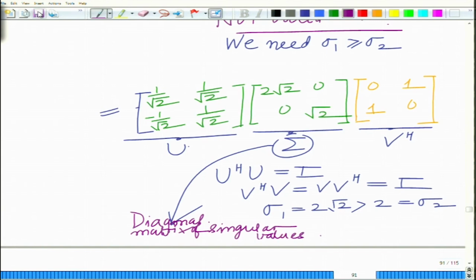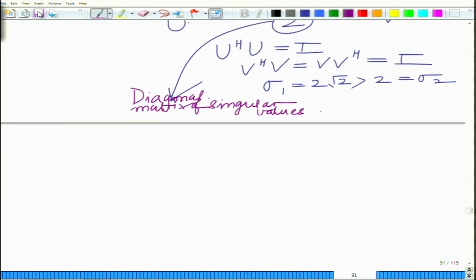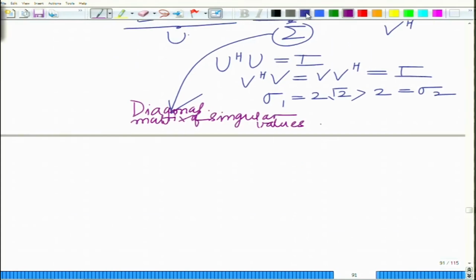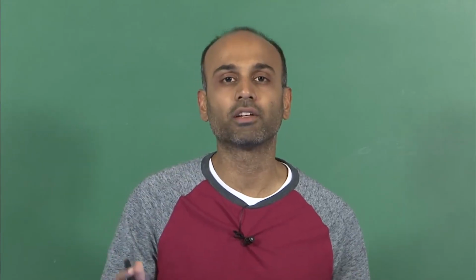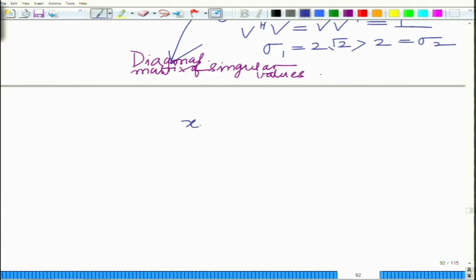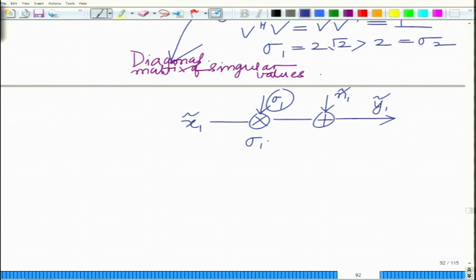Now we have to do optimal power allocation. Remember, what this means is you can decompose this using precoding as the combination of two parallel channels. You have x1 tilde, which you transmit through the first channel that has gain sigma 1 and noise n1 tilde to give y1 tilde, and sigma 1 is 2 square root of 2.